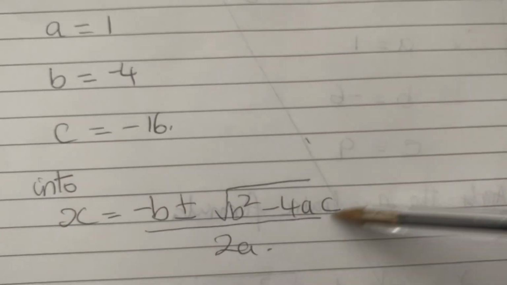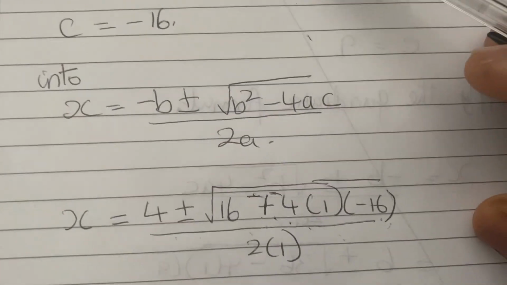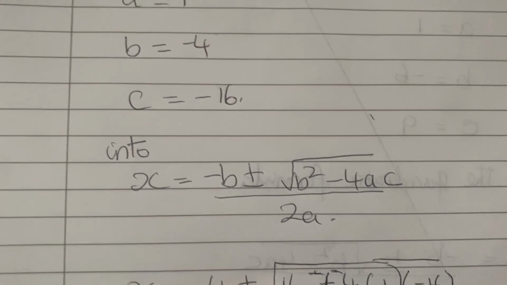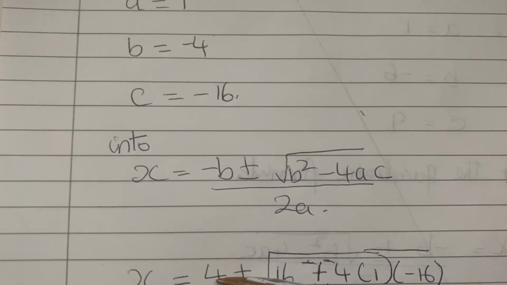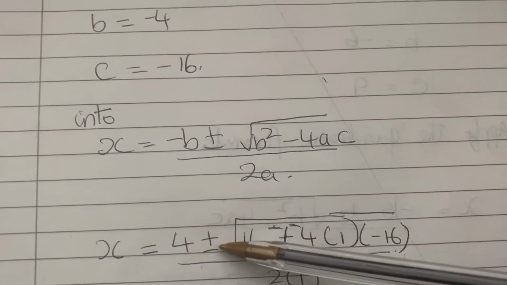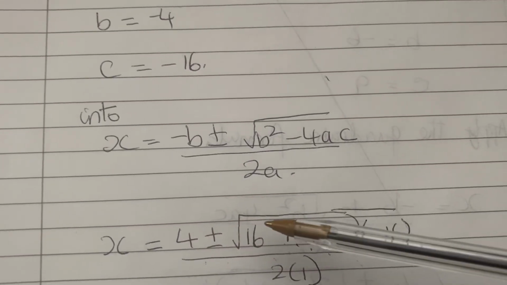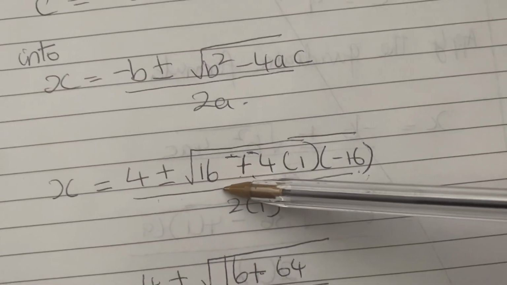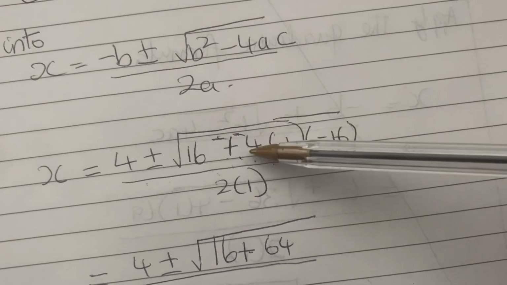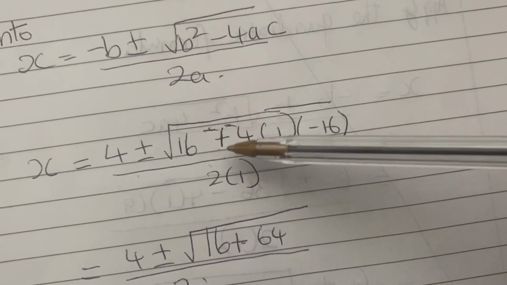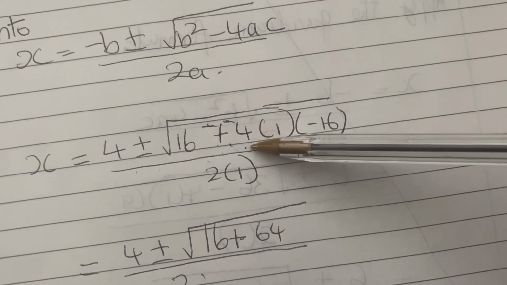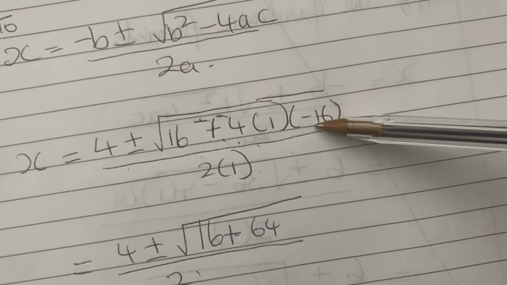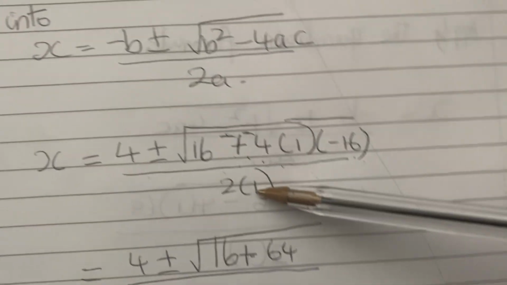So into the quadratic formula, we have minus B, we took -4, so it becomes 4, plus or minus the square root of B squared, which is 16, minus 4. So minus 4 becomes 4. A, C. C is -16, all over 2A.